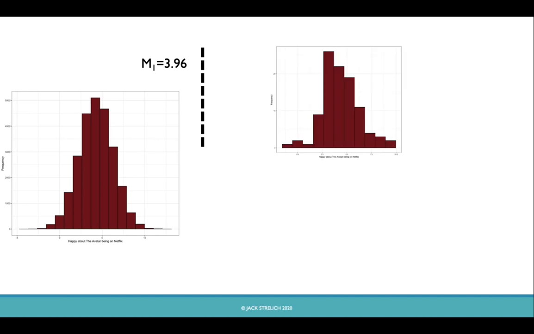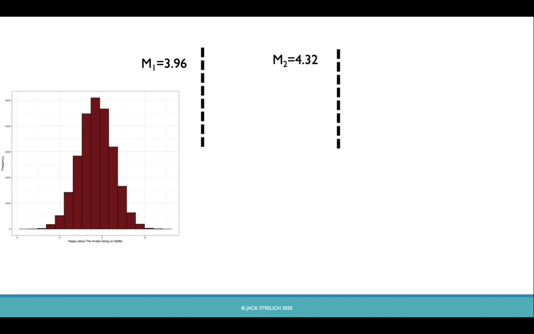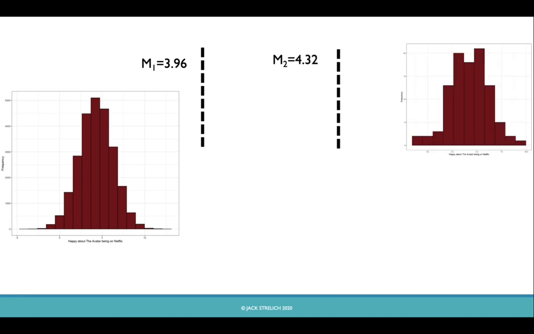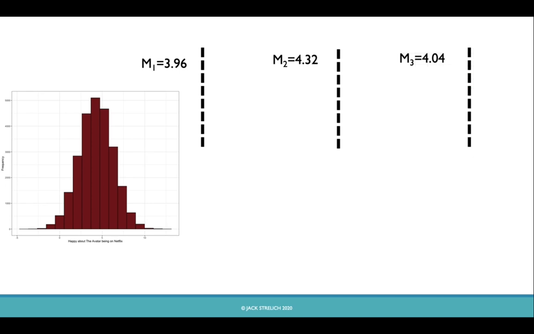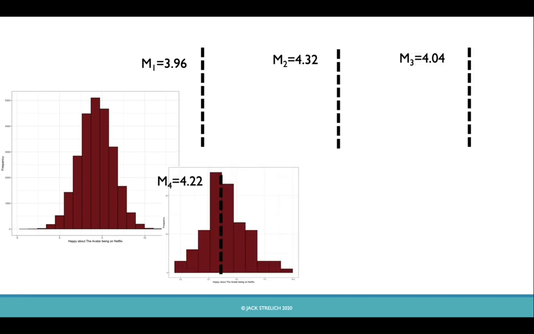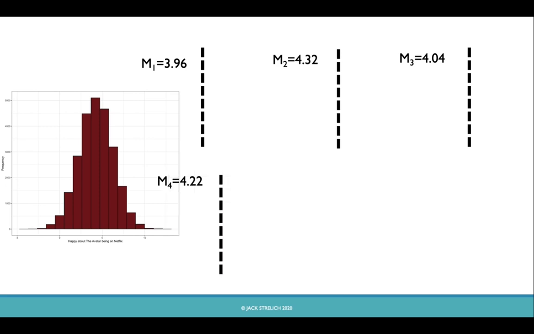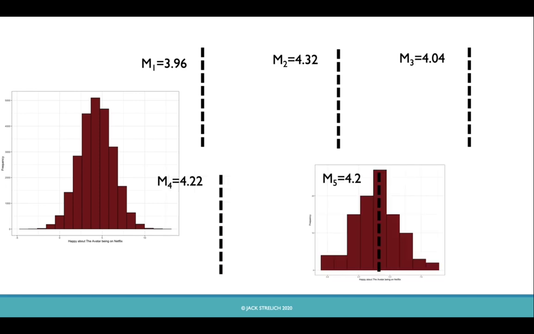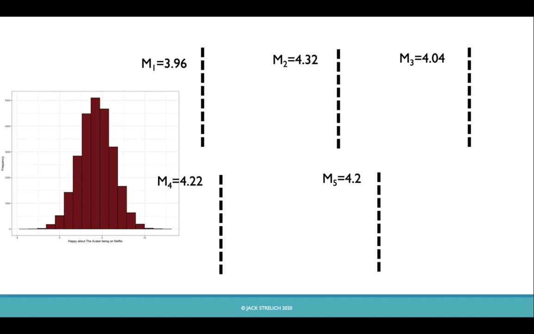I now draw another sample, calculate the mean, 4.32, throw it back into the population, pull out another sample, calculate that mean, 4.04, throw it back in the population. I do that again, calculate our fourth sample mean, throw it back, and finally get our fifth sample mean of 4.2 and throw that back into the population.